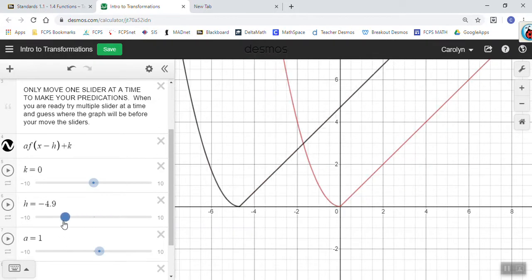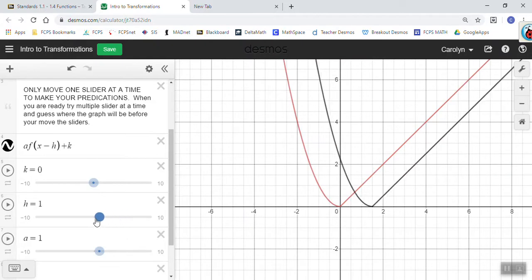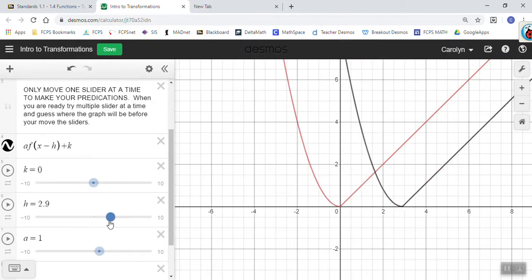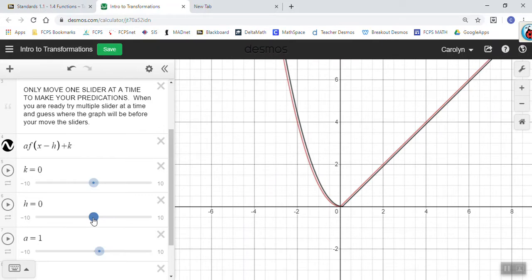Yeah, you just click and drag your sliders to see what happens. It'll move the graph.